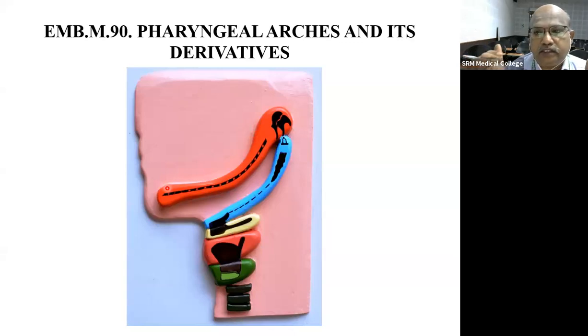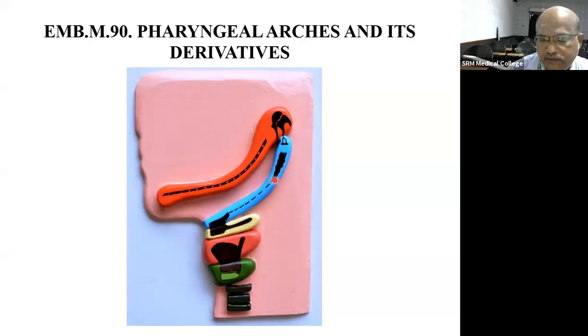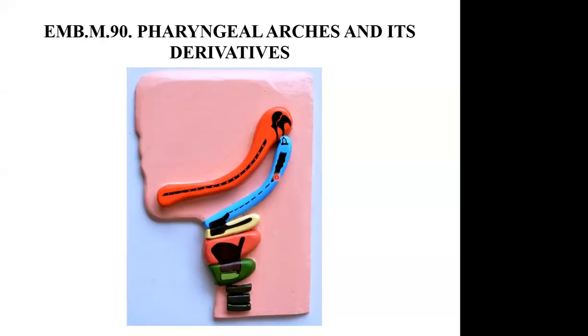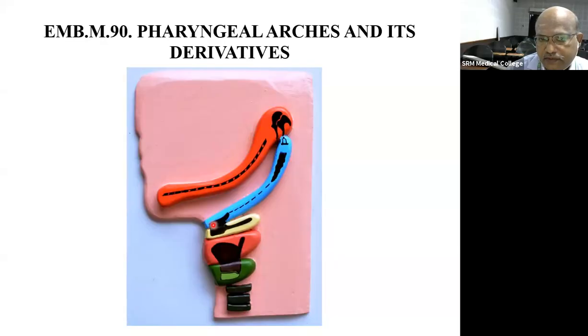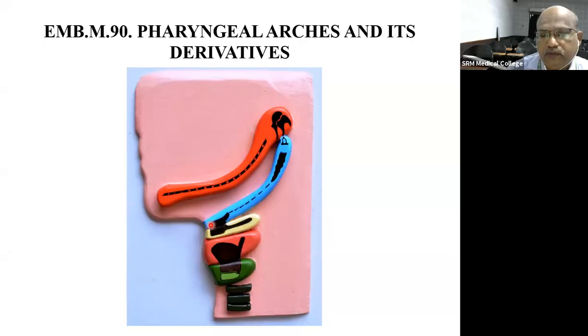Next, the second arch. What is this? Stapes. What is this? Styloid process. Very good. Next: the upper part of the body and the lesser horn. So from the second arch we have stapes, styloid process, the upper part of the body and the lesser horn of the hyoid.